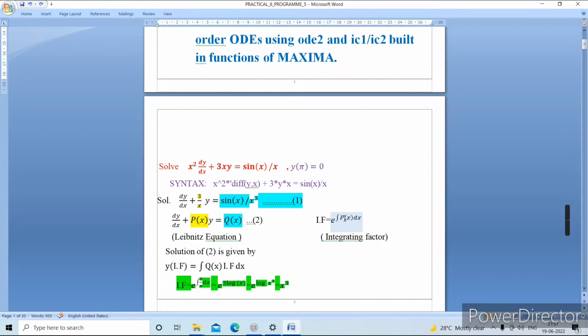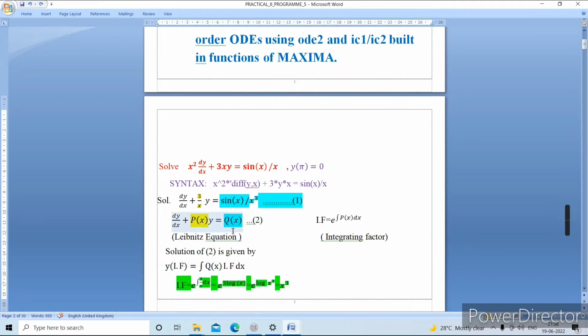Write here 3 by x, take this 3 outside, and integration of 1 by x gives you log of x. I already solved this; this is the integrating factor in green words. On solving, I can take the 3 as the power of x, and e and log cancel out.